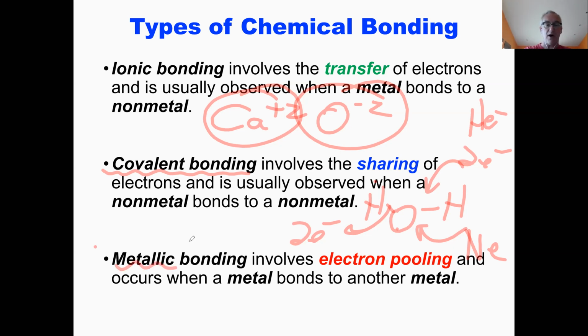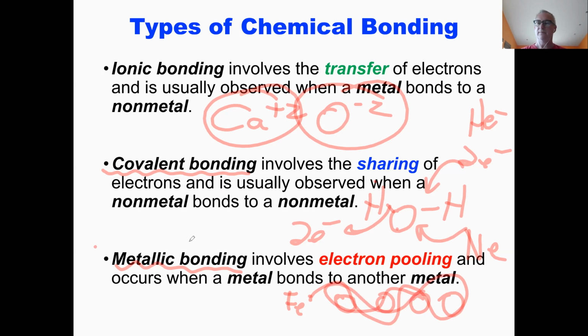And then metallic bonding involves basically a whole pool of electrons. We call it the sea of electrons, where you have all these positive ions together, like iron atoms, and then electrons swirling around between them.